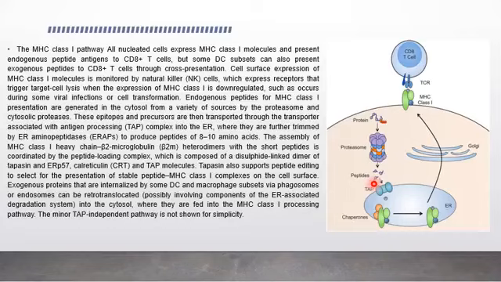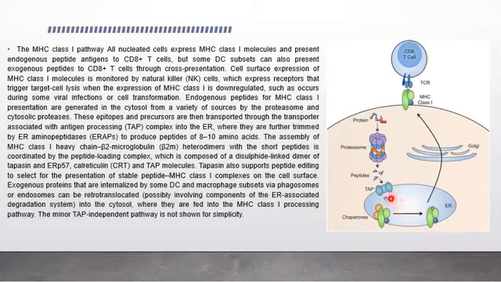These peptides are transported to the rough endoplasmic reticulum.